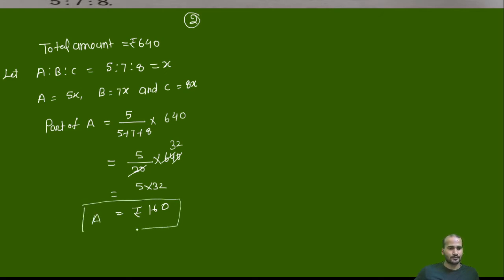160 rupees. Okay, now talk about B. B will get money. The B value is 7x. So 7 into, now just multiply only 32. 7 into 32: 7 2s are 14, 4 carry 1. 7 3s are 21 and this makes 22.